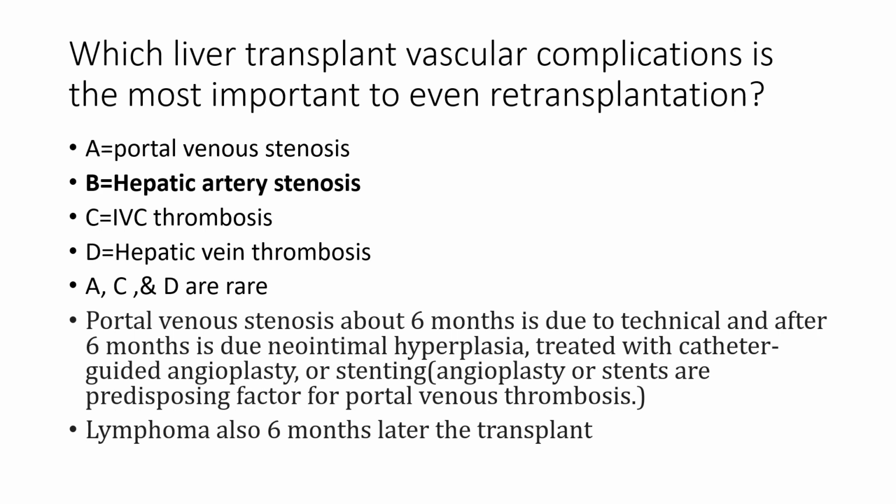We have portal venous stenosis or IVC thrombosis, but the most important thing is hepatic artery stenosis, and it is more common after 6 months, due to technical problems or due to neo-intimal hyperplasia. So we have portal venous stenosis.